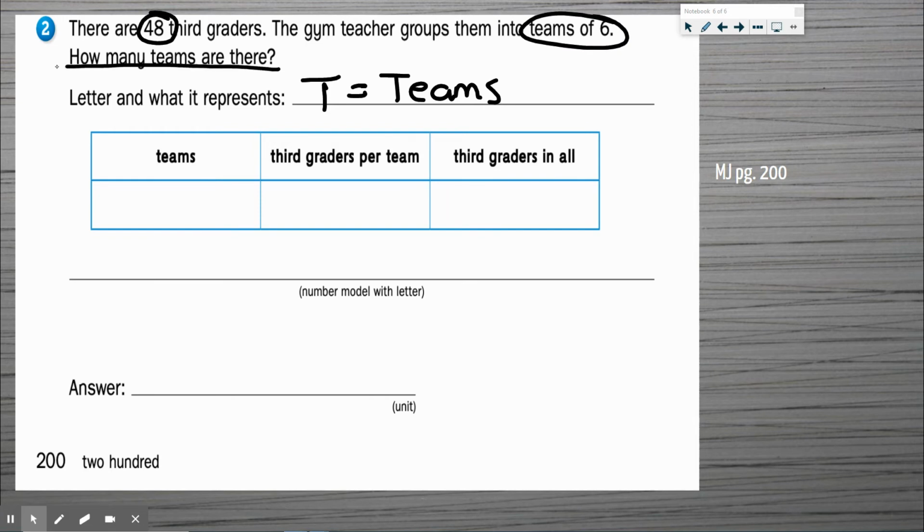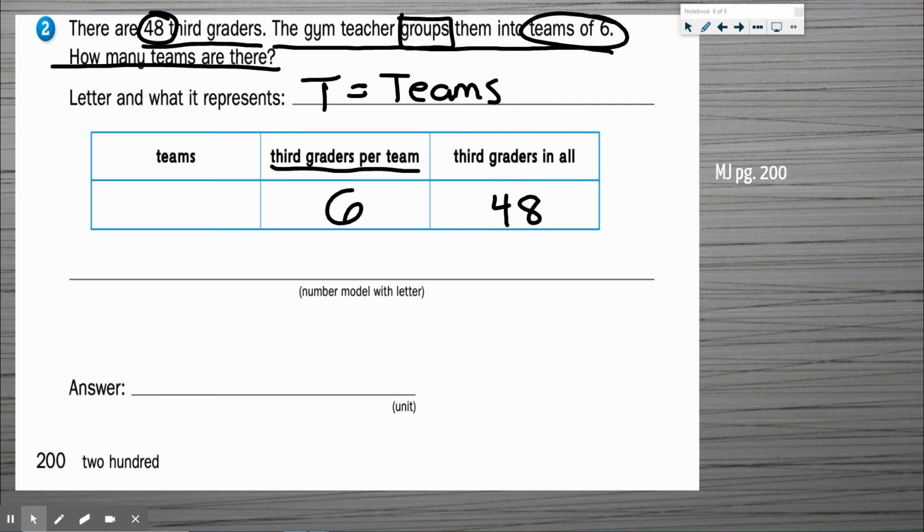How many teams are there? I know we're going to have groups. So I'm looking, there are 48 third graders. So 48. The gym teacher groups them in teams of 6. So that would be third graders per team is 6. And it's asking me how many teams are there.